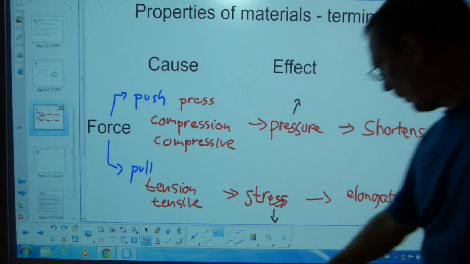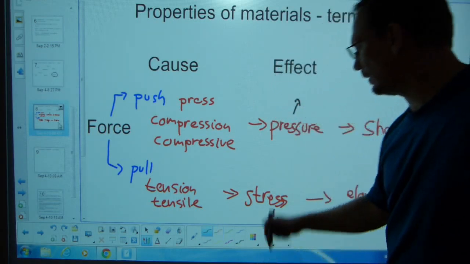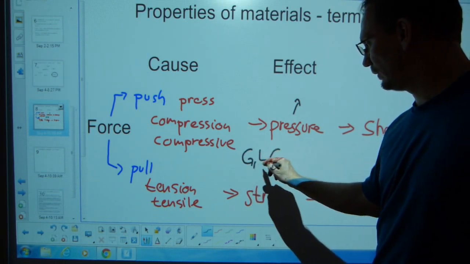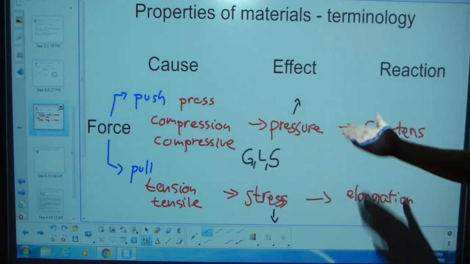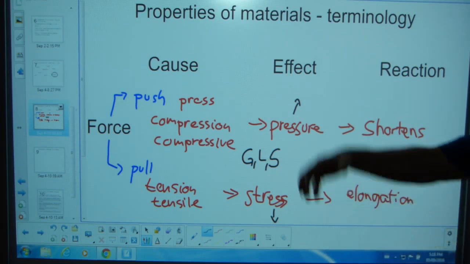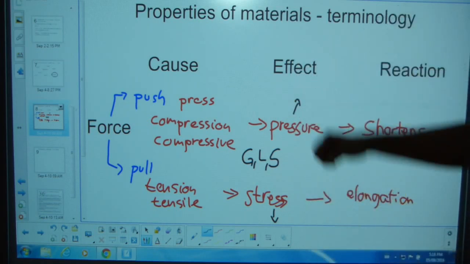Now, solids, liquids, gases, they can all be under pressure and they can all be in stress. Gases can be under pressure, very straightforward. First aid, oxygen in a cylinder.